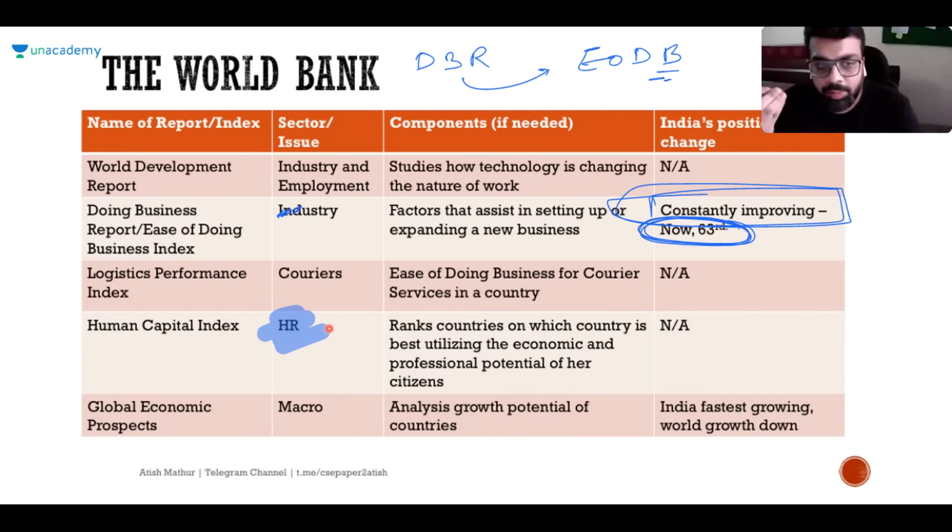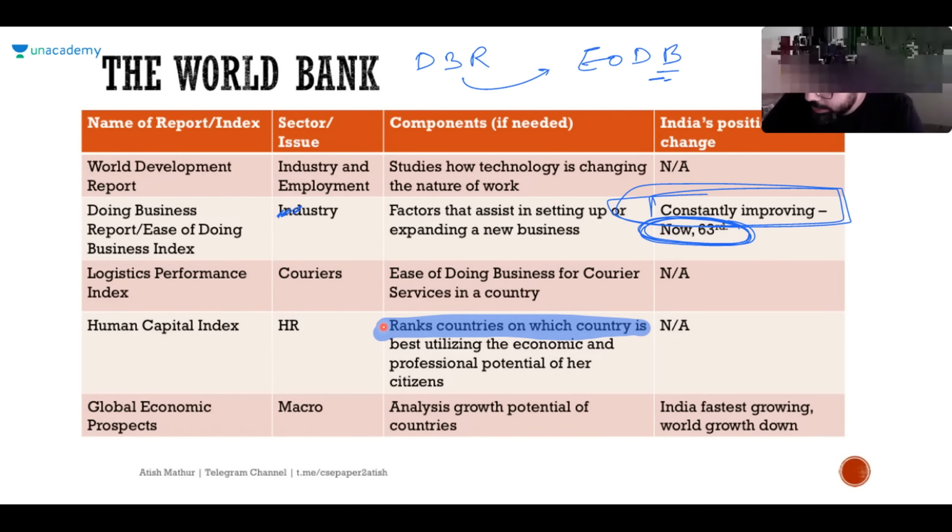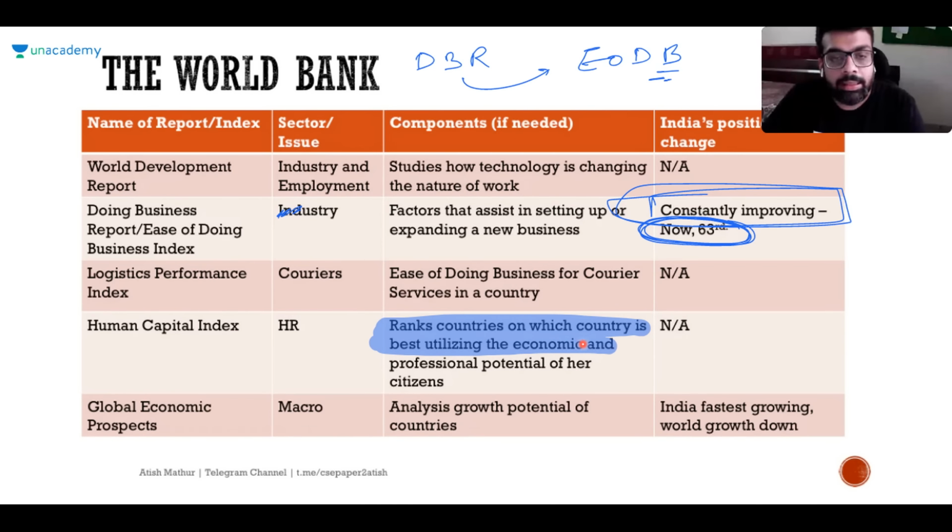Very simple line: it ranks countries on which country is best utilizing the economic and professional potential of its citizens. For example, somebody has an IIT degree, an IIM degree. What is the country doing to make sure that the IIT, IIM degree holder stays back in the country? This is basically to check which country has the least amount of brain drain, to put it in one line.